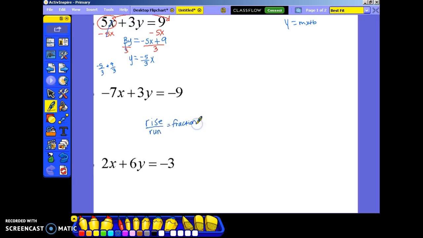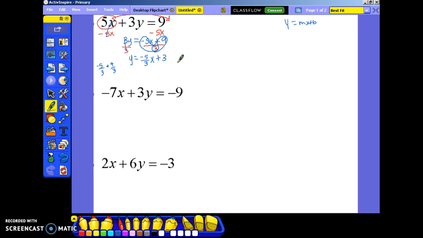So if you cannot divide into a whole number, leave it in fraction form. So we have negative 5 divided by 3. I cannot do that, so I'm going to leave it in fraction form. And we also have 9 divided by 3. 9 divided by 3 is positive 3.